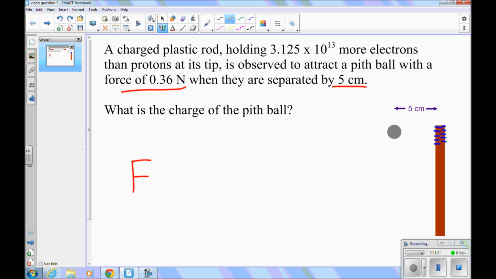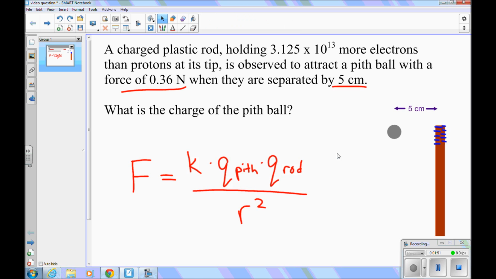Coulomb's law tells me that the electric force between two charges is equal to that constant k, remember, that's 9 times 10 to the 9, with units of newtons times meters squared over coulombs squared, times the charge of one object, say the pith ball, times the charge of the other object, the charged rod, divided by how far apart they are squared.